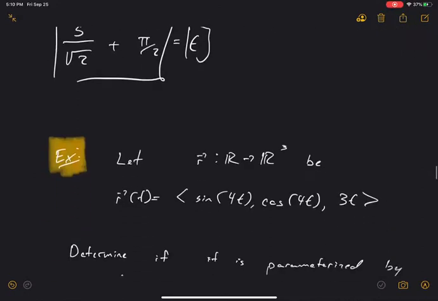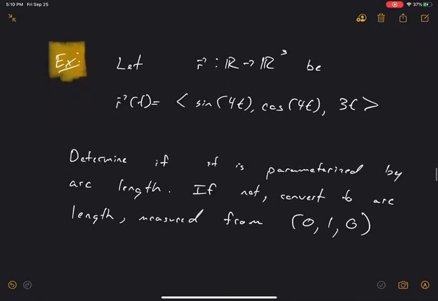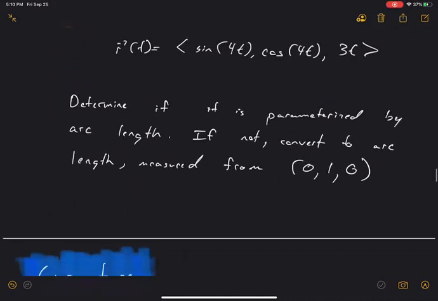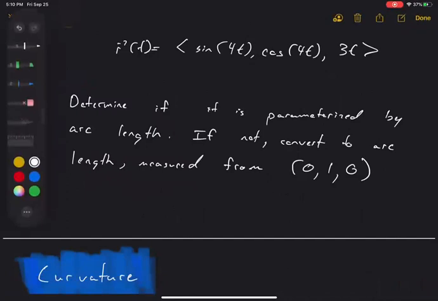Okay, so let's see an example real quick, let's put it all together. Let's say I have this vector valued function, r of t equals sine of 4t, cosine of 4t, 3t. Let's determine if this is parameterized by arc length. If it's not, let's convert to arc length measured from the point 0, 1, 0. So the first thing to do is determine if this r of t is parameterized in terms of arc length.